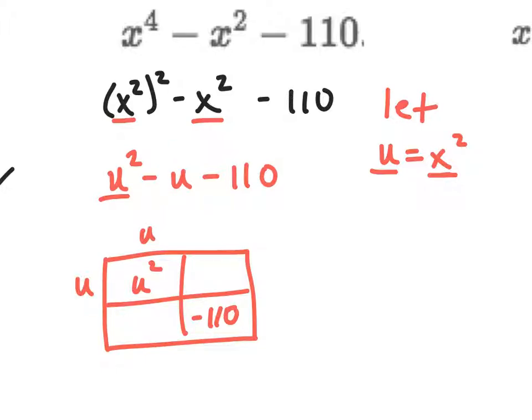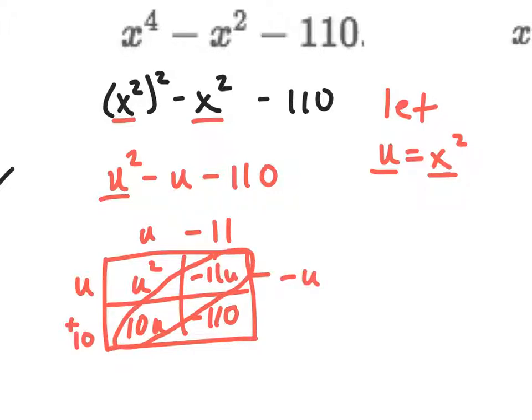All right, so if I make this top part negative 11 and make this bottom part over here positive 10, then I can do 10 times u, which gives me positive 10u, and then negative 11u here. Now, if I combine these together, this is going to give me just a negative u, which is what we're looking for here. All right, so this is factored, okay?